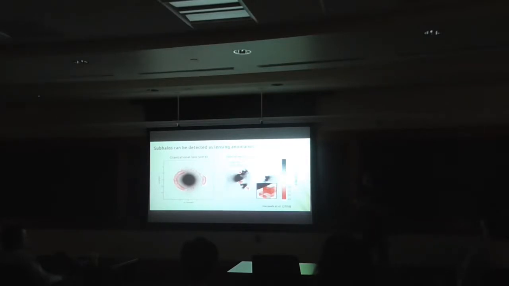And so here is their figure showing that if you include a subhalo, like a clump of matter, in addition to the smooth galaxy in different parts of the space, you can get a better fitting model. So the red pixels show where the model fits better if there is a subhalo, and you can see that they get a much better likelihood if there is a subhalo over here.